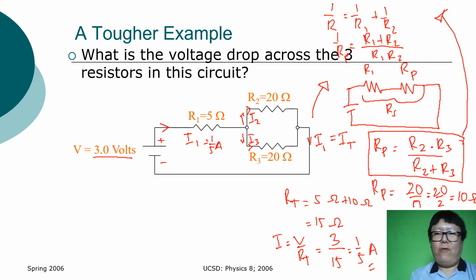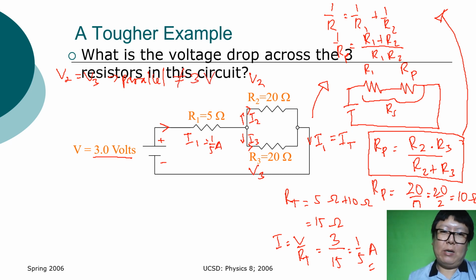Then how to find the I2 and I3? Okay, to find it, you can use the ratio, or you find the voltage in here. You find the V2 and find the V3. V2 and V3 must be equal. Yeah, so V2 equal to V3. Why? Because parallel, right? But remember, this is not the same with 3-volt, because 3-volt is the combination of the voltage in the circuit.